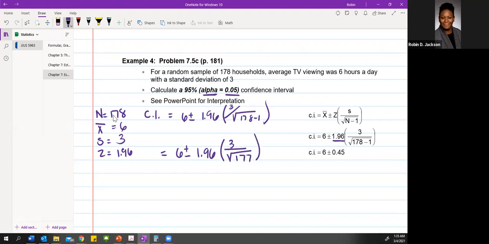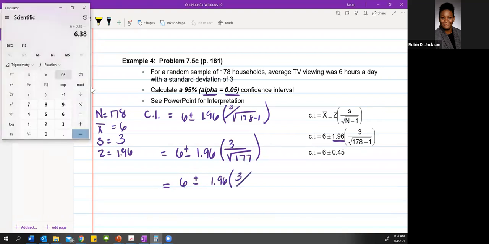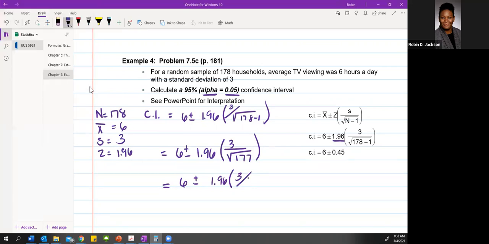I could be lazy and copy this information from the problem above, but I'm not going to do that. So 6 plus or minus 1.96 multiplied by 3 divided by the square root of 177 again, and that is 13.30.